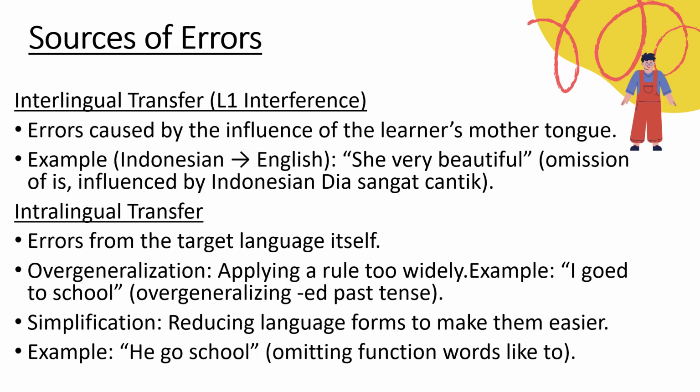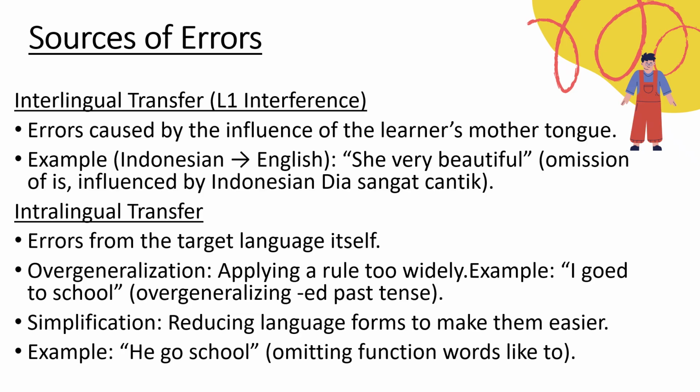Because we overgeneralize those kinds of rules in English, it affects our brain. And then we started to apply the rule of past tense too widely. So we used something like I goed because we just know that ed means past tense. I goed, I run instead of I ran.